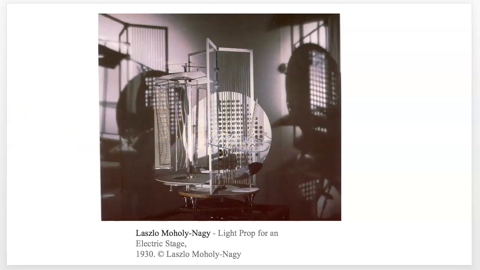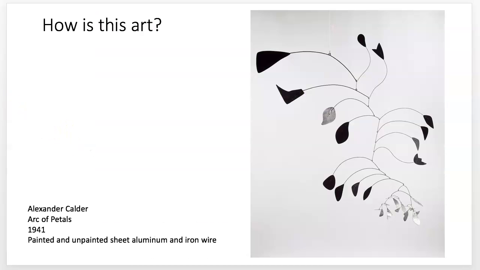This is by Moholy-Nagy doing that. And then I think a lot of people have heard of Alexander Calder, the inventor of the mobile. This is one of his early pieces. And movement in the space, the painted pieces of aluminum moving on iron with the currents of the air is part of this whole piece that's constantly changing.